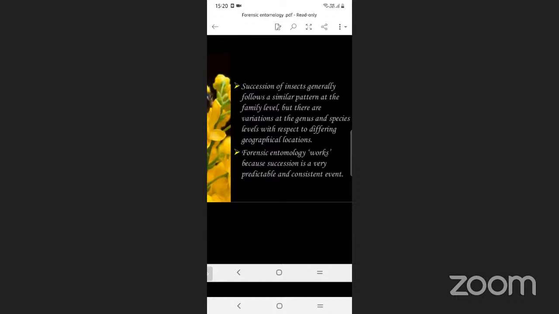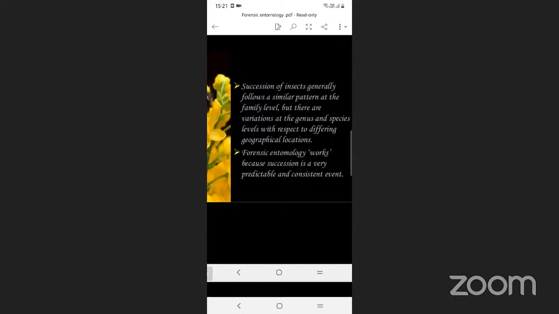PMI is the main role for the conclusion of the successive colonization on the corpse, the arthropoda fauna, and developmental stages of dead and flesh-eating insects. And so this postmortem interval, PMI, the age of the oldest insects on the body determines the minimum postmortem interval.